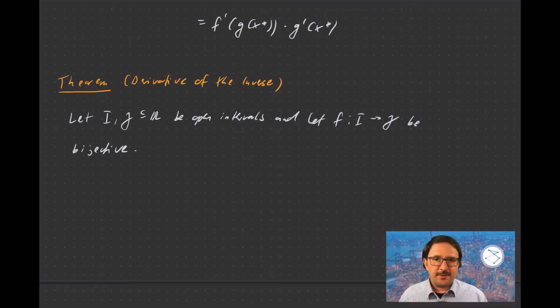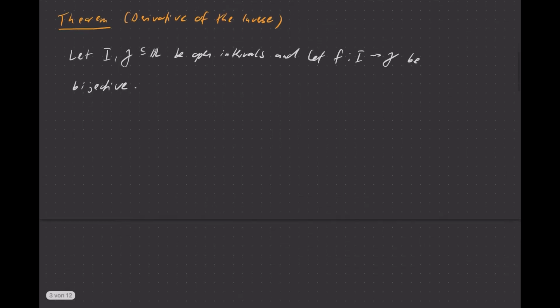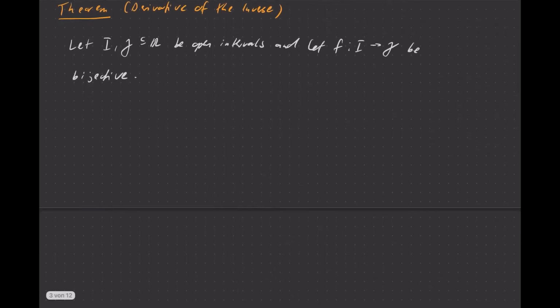And now the theorem says if f is differentiable at some point x star, then we can have a look at the inverse of f and at the point that corresponds to x star, so f of x star. And the theorem gives us information about the derivative of the inverse of f at this corresponding point. And what that precisely is, let's make that more precise.